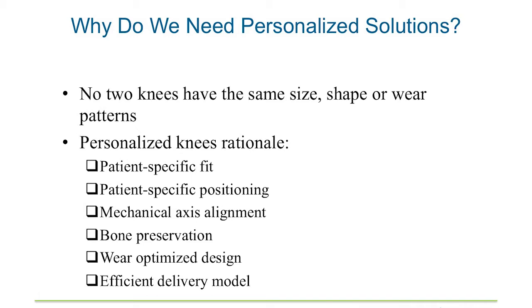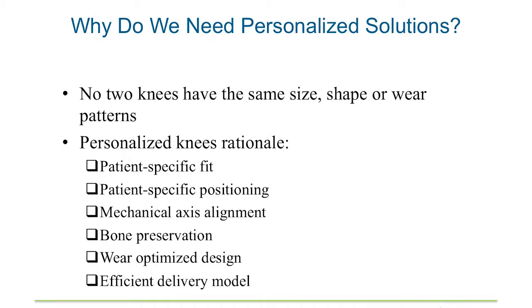This term, mechanical axis alignment, makes sure that the knee is directly in line with the hip joint above and the ankle joint below. So in theory, the wear of the implant should be much improved. Because it's custom fit for the patient, we're only removing a certain amount of bone in order to fit the parts on.